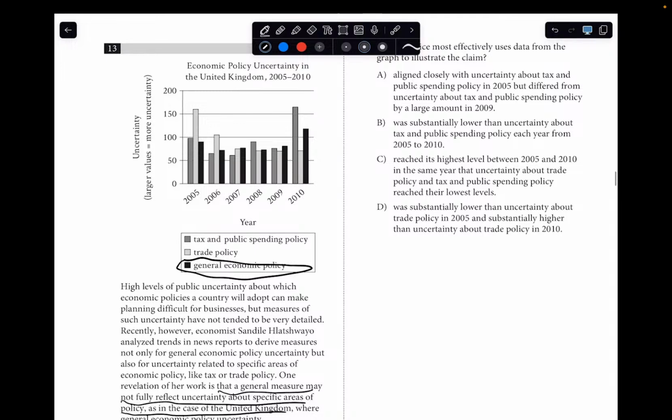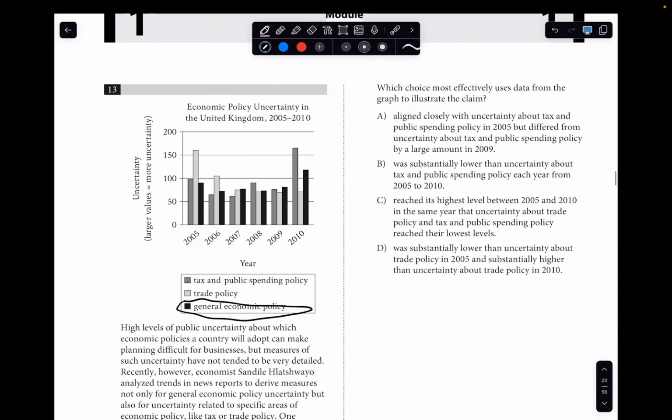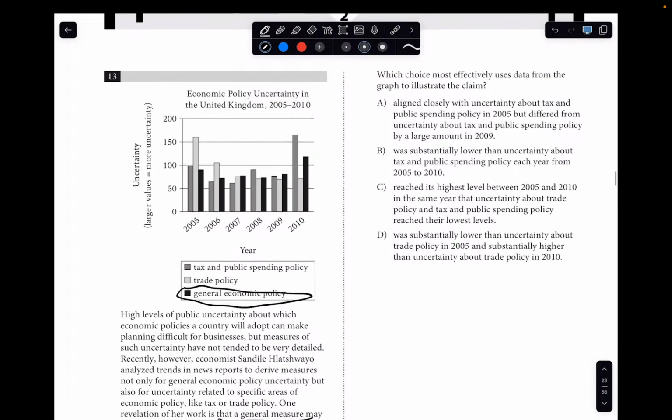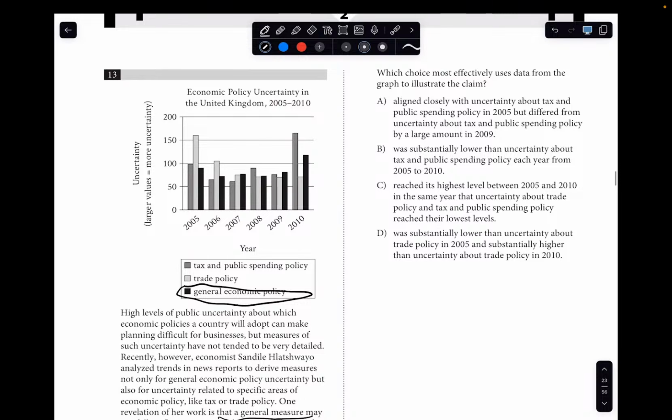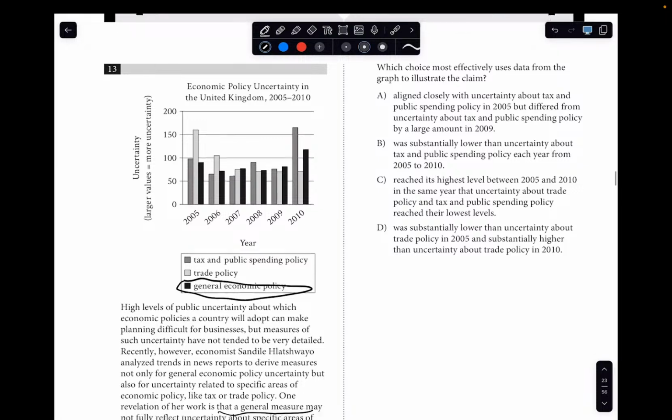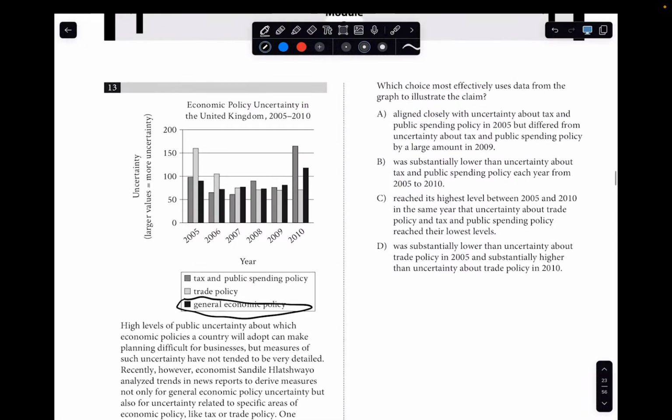So we need to find an option that references the general economic policy, right? So let's just read through them real quick. All of these pertain to general economic policy.